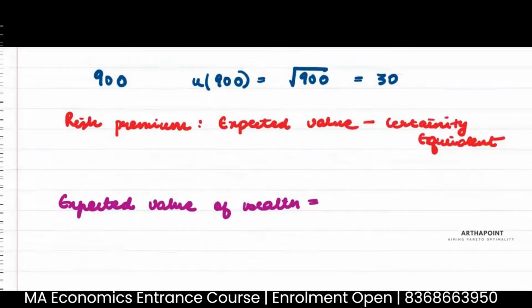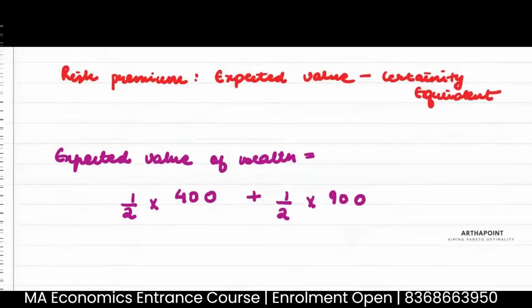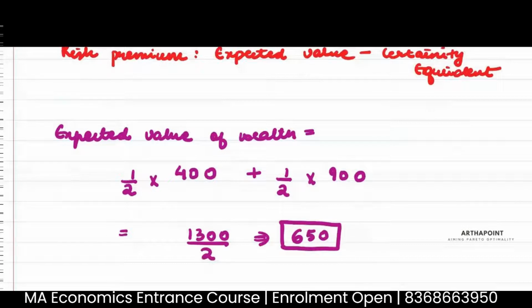With half probability, I am getting 400, because it said equally likely, and with half probability, I am getting 900. So this means it is 1300 divided by 2, which will be 650. This is my expected value.